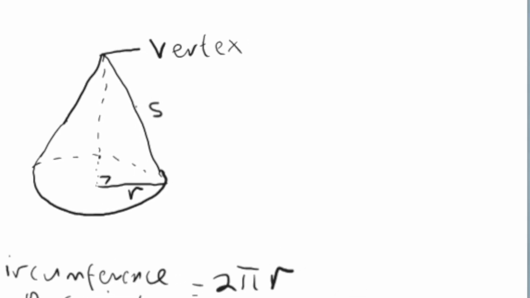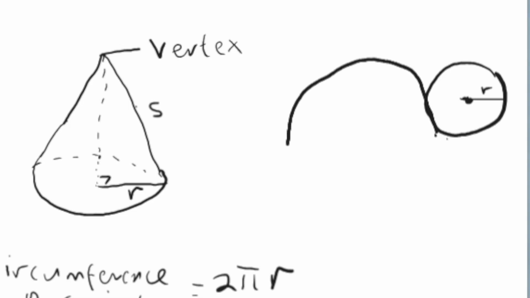If I cut this cone open, I'm going to have a circle. This will be the base with radius r, and I'm going to have a lateral area. These are not drawn to scale, but forgive me.